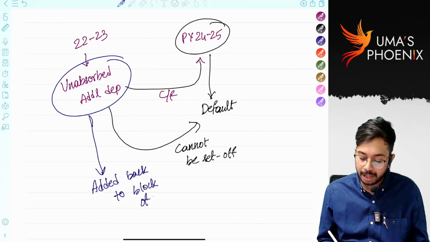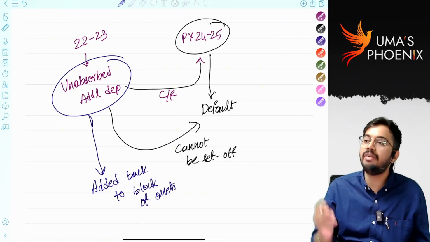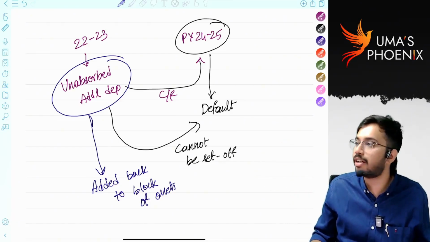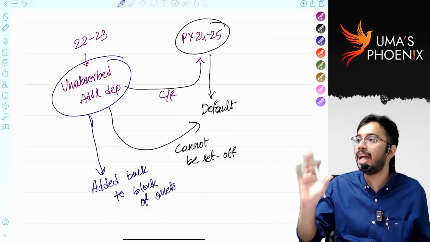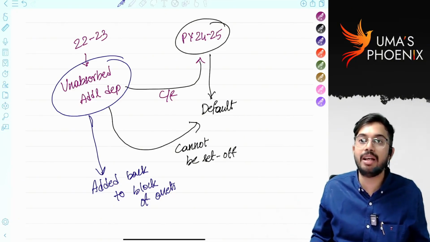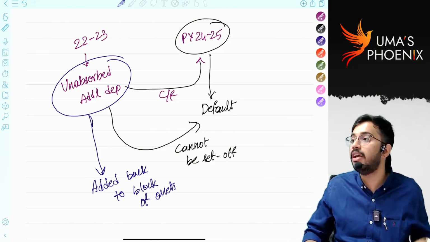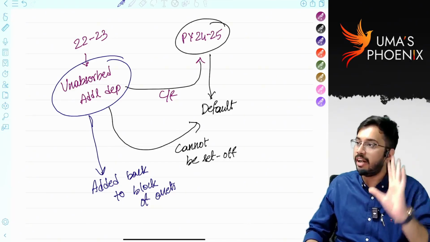If it is added back to the block of assets, again on that he will claim normal depreciation, correct? So somehow he will get the expenditure claim benefit. That is the rule which was brought in Finance Act 2023, not now.